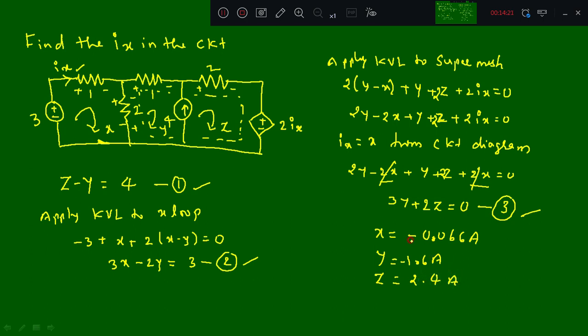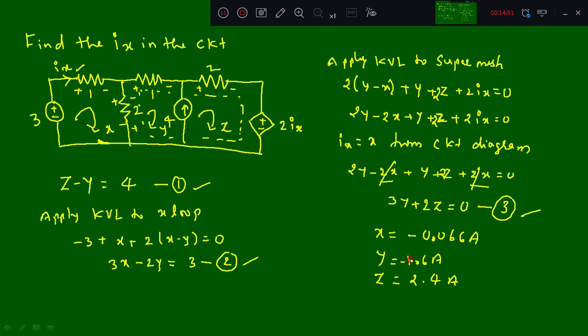So here the minus sign indicates that the assumed direction should be in the reverse direction. So the negative sign indicates the value remains the same, but the sign only indicates that our assumed direction should be in the reverse. So this is the one numerical.